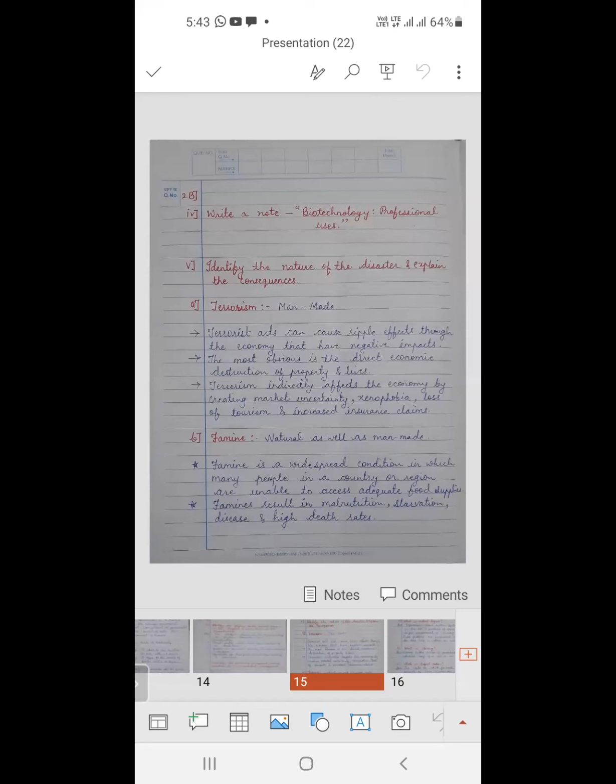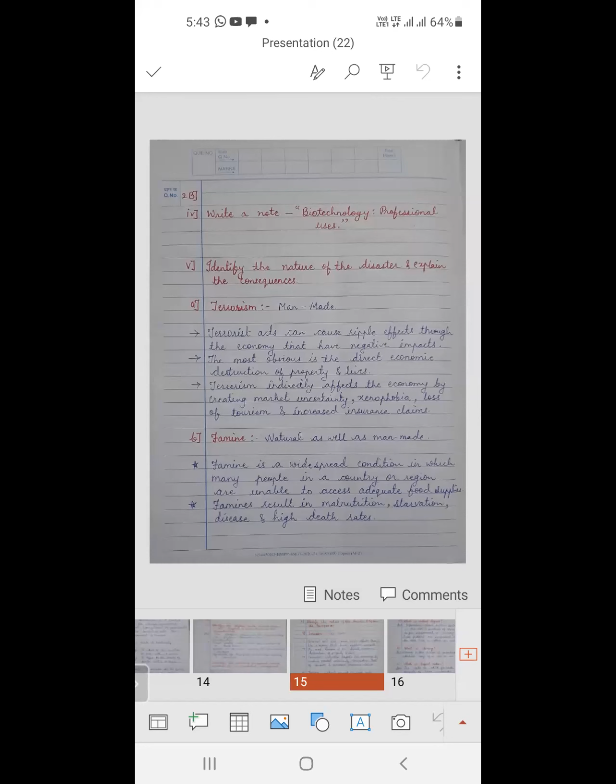Terrorist attack can cause ripple effects through the economy that have negative impacts. Second one, the most obvious is the direct economic destruction of property and lives. So when there is a terrorist attack, what happens? The economy gets disturbed.